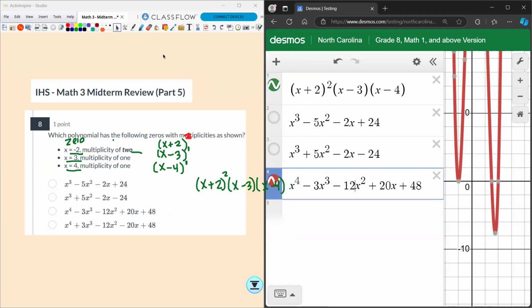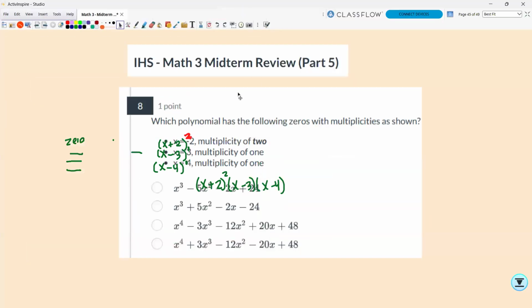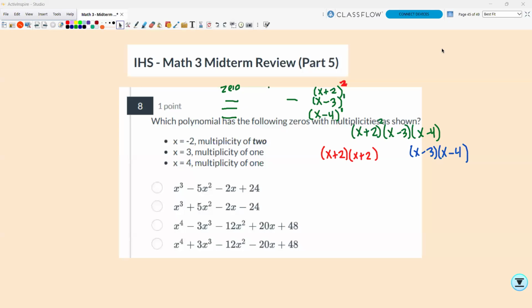I'm going to go ahead and multiply them out so you can see how that works. What I'm going to do in this case is multiply the x plus 2 times itself, and then the x minus 3 times x minus 4. Then I'm going to put it all together in one box and multiply them. So we'll start with the x plus 2's. That's going to give you x squared plus 2x plus another 2x plus 4.